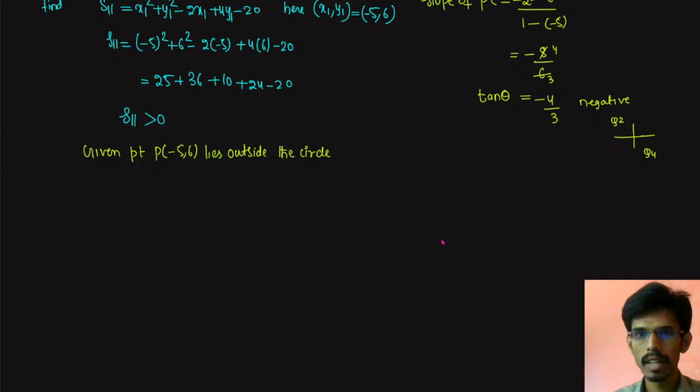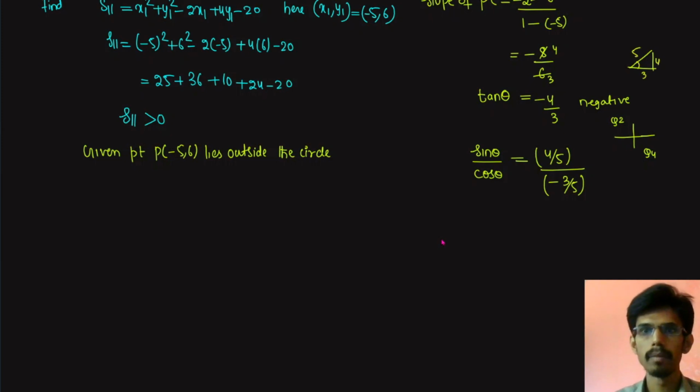Now this tan can be written as sin theta by cos theta. Take this minus 4 by 3 as 4 by 5 divided by minus 3 by 5. I'm dividing by 5 because if I draw a right angle triangle for this tan theta, I'll get opposite 4, adjacent 3, and the hypotenuse will be 5, a Pythagorean triplet.